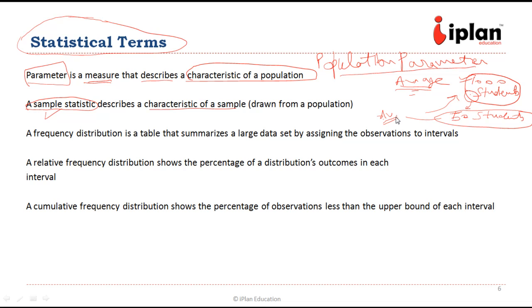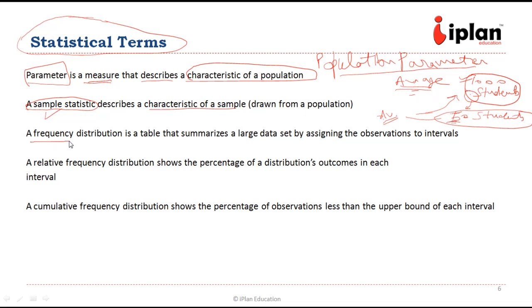Although we'll see how the sample statistic can be used to estimate the population characteristic. That is, with the help of this sample statistic, which is the average of these 50 students, we can estimate the average of these 1000 students. That is precisely the objective of inferential statistics. We will see that example later.